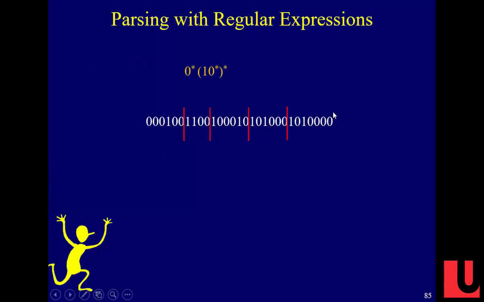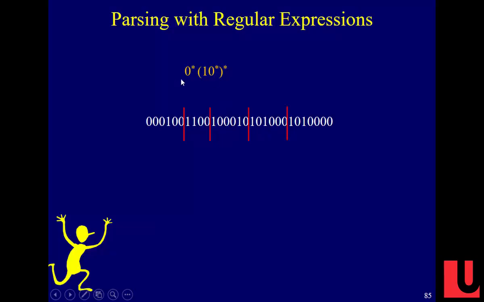Right now, what is this language going to do? How many 1s is it going to have? Any number of 1s. It could have 0, 1, 2, 3, any number of 1s.